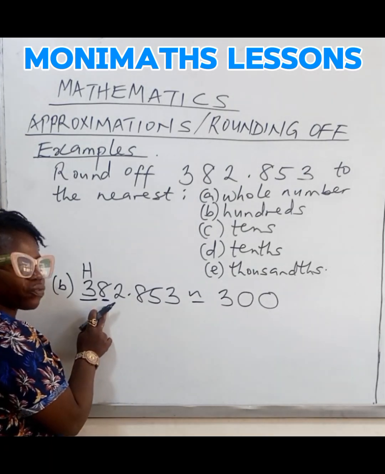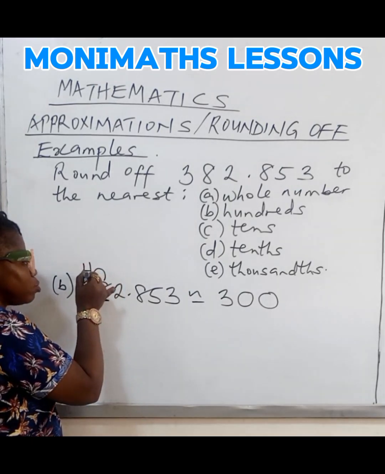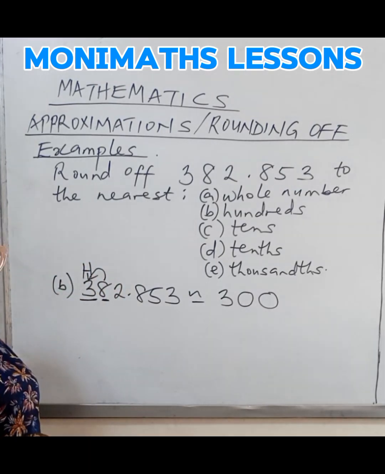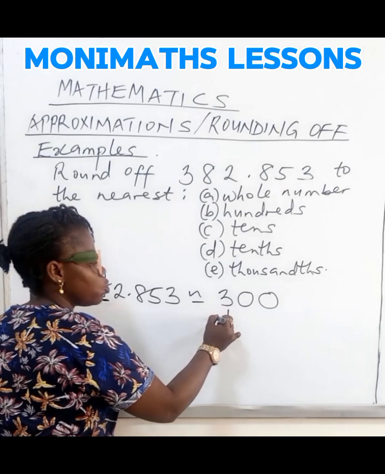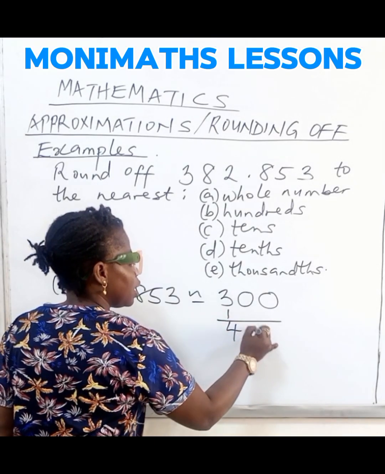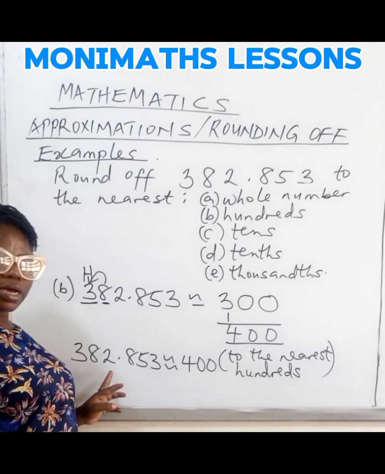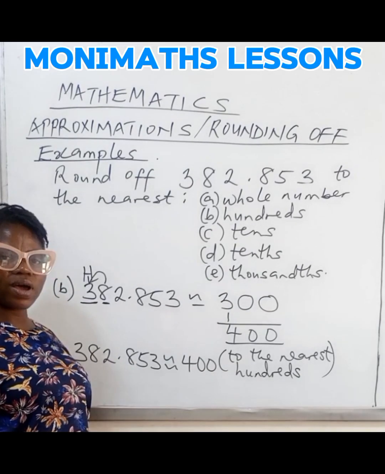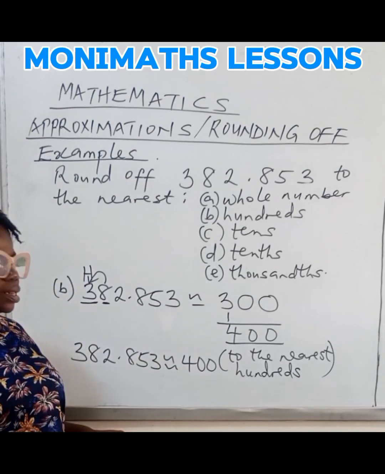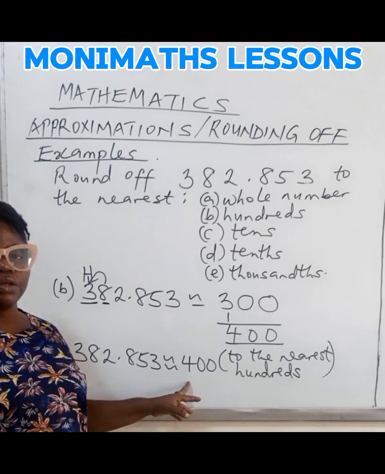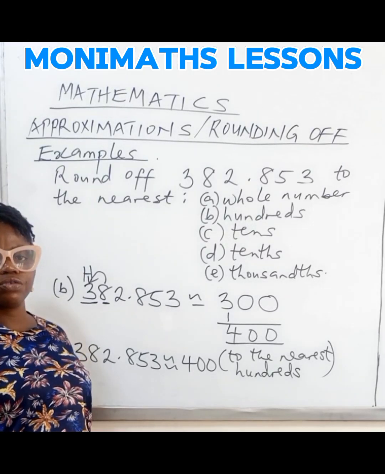So this is up to 5. So I will round it up upon the 3, and you will add the 1 to it. And that is 400. Which means that 382.853 is approximately 400 to the nearest hundreds.